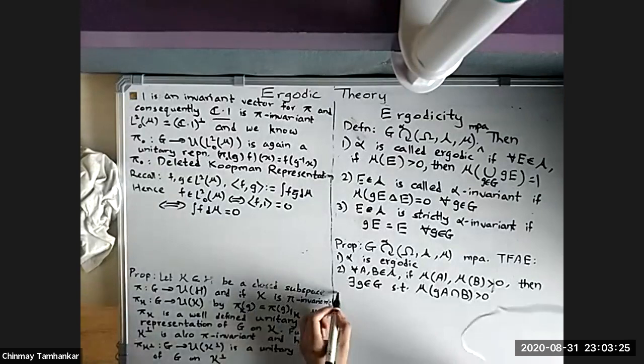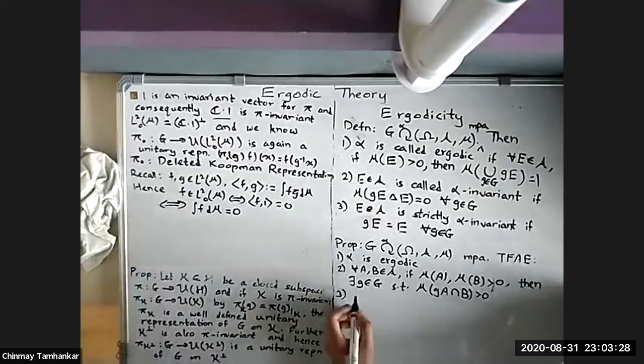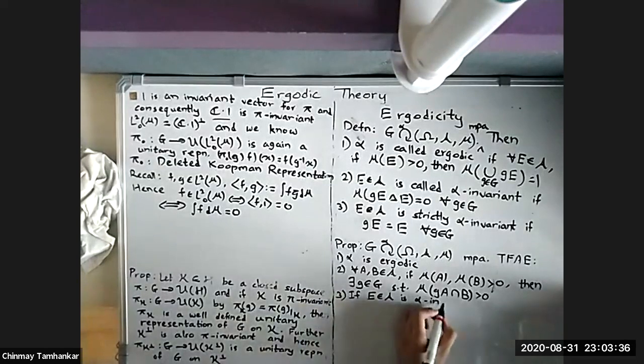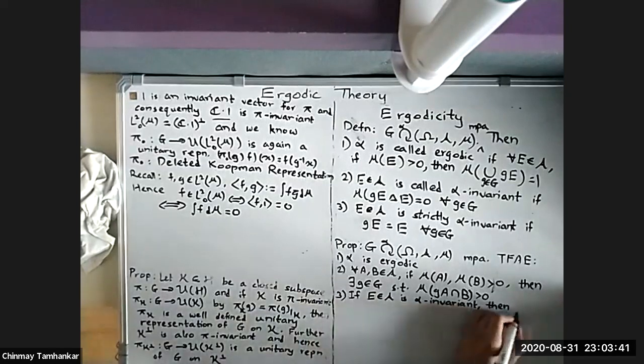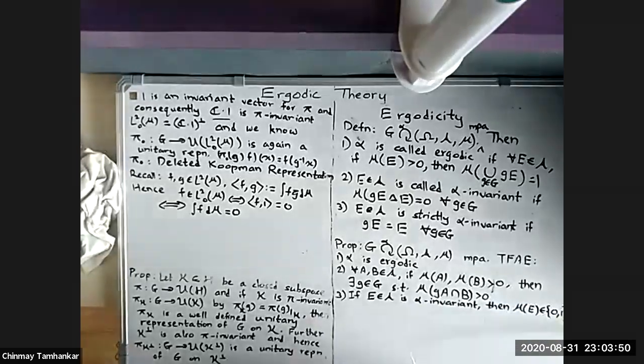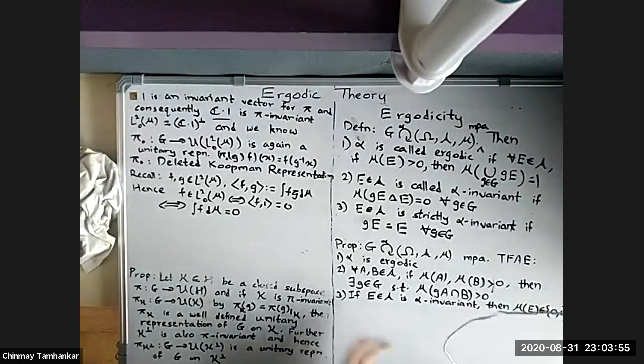The third condition means that the action alpha doesn't leave anything invariant: if it leaves something invariant, then that thing is almost nothing, or almost the whole thing.